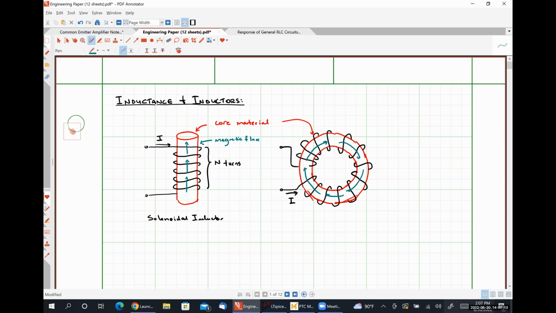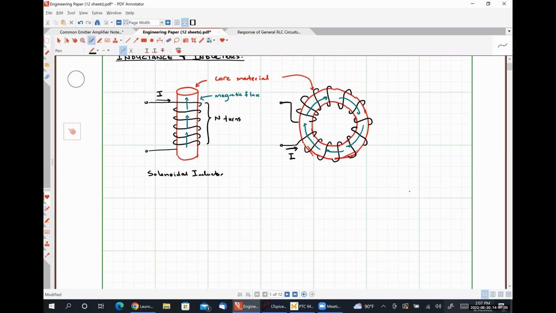Okay? So how we're going to classify how an inductor behaves is going to take a very small amount of physics. Okay? So if we have a current carrying wire, so let me write down toroidal inductor here.